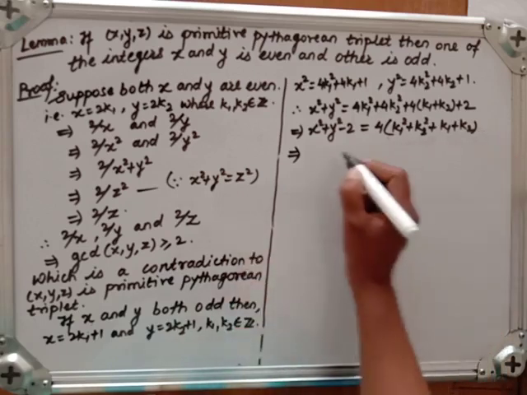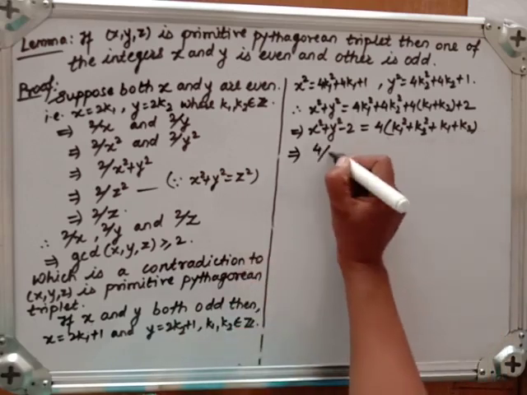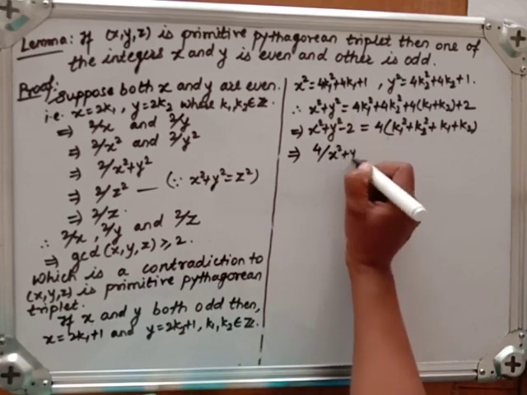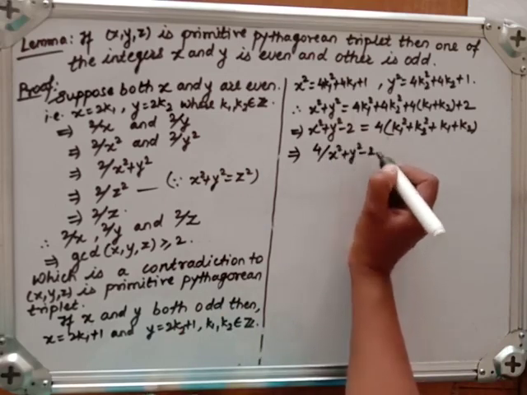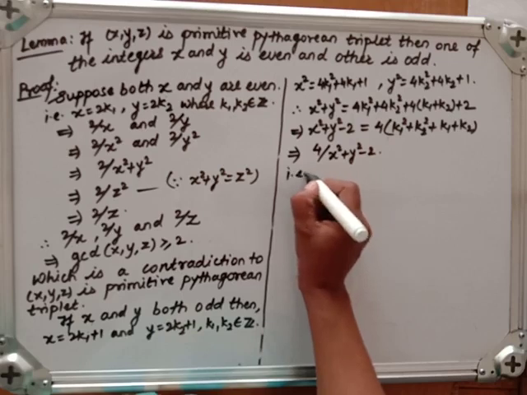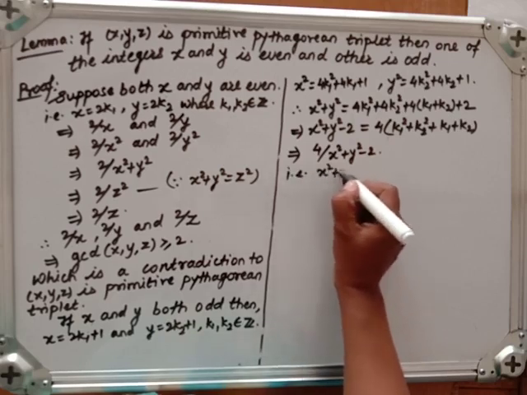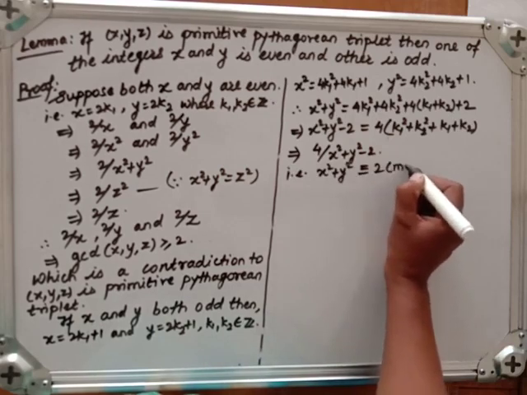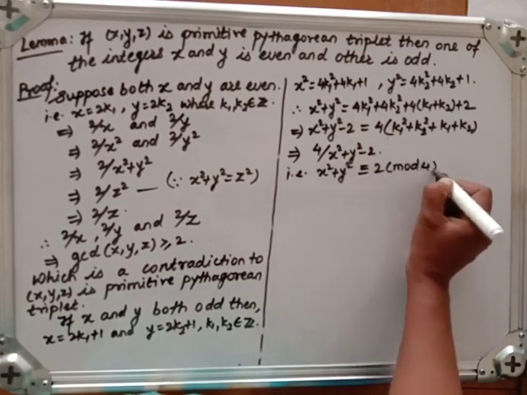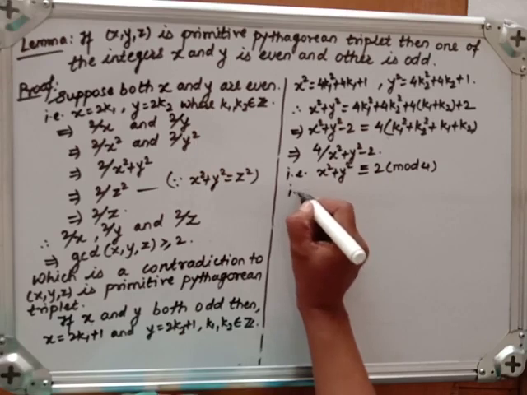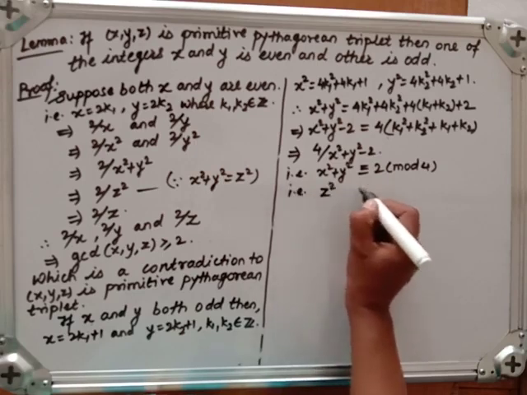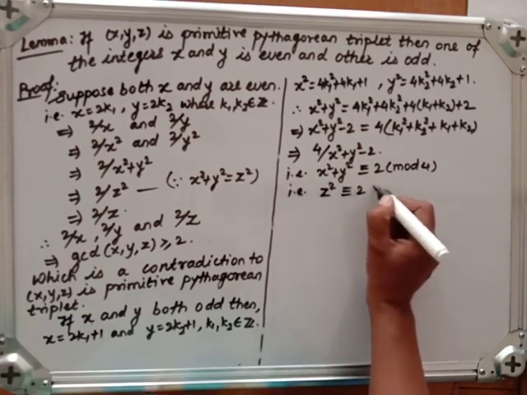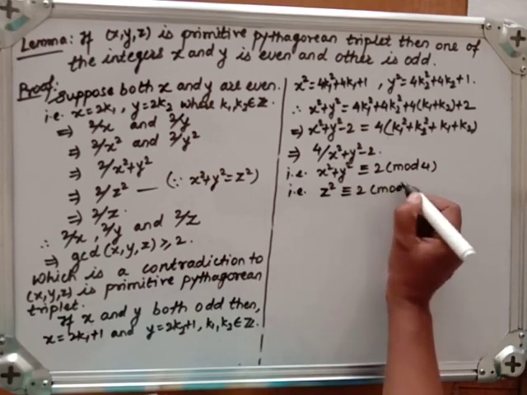So 4 divides x square plus y square minus 2. That is, x square plus y square is congruent to 2 modulo 4. That is, z square is congruent to 2 modulo 4.